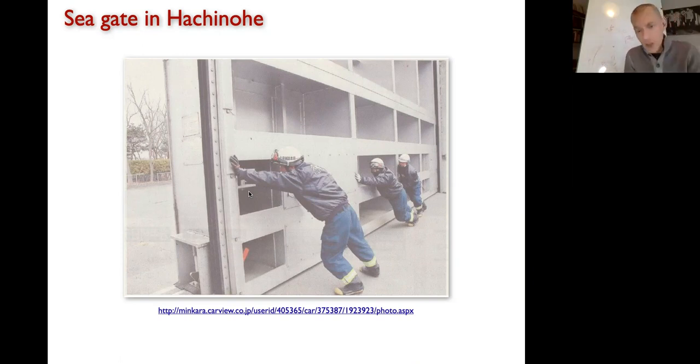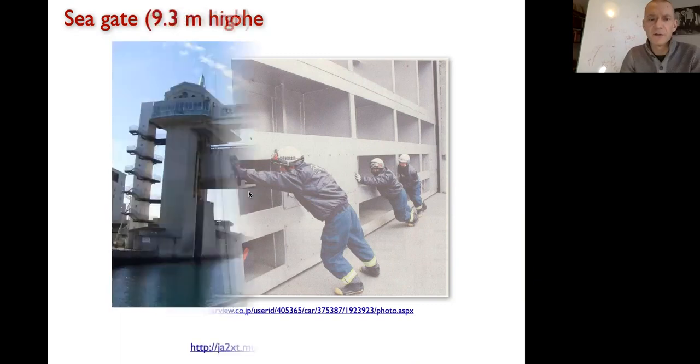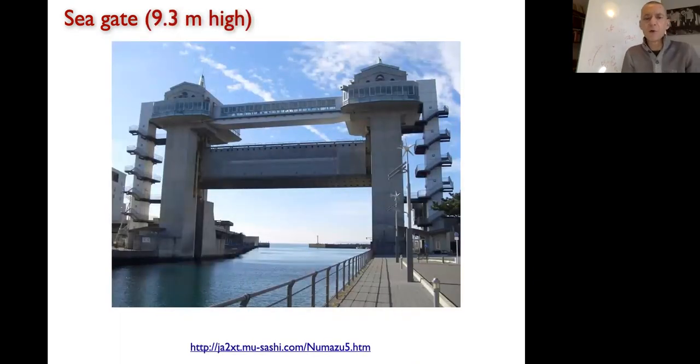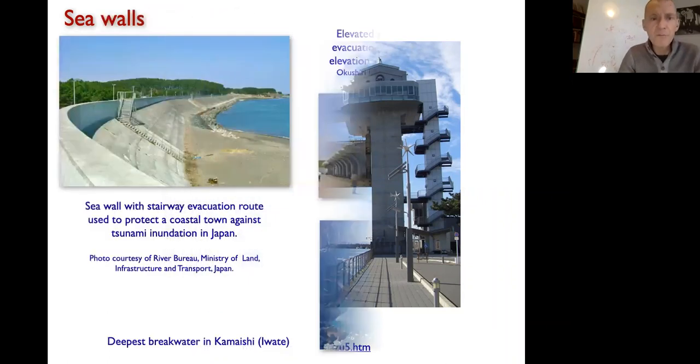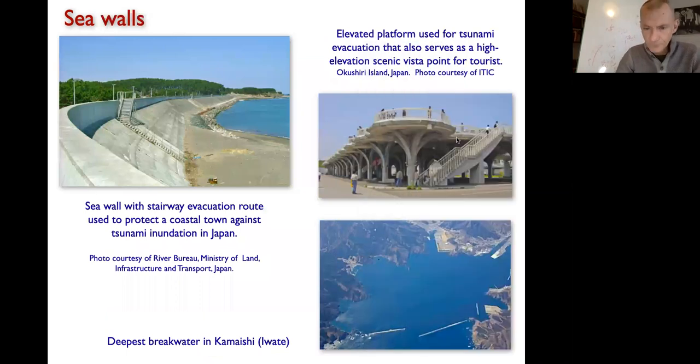Third, many engineering efforts. For example, in Aichinohe, this is an example of a seagate. This is another example of a seagate. It's impressive. In any other part of the world, could we find such kind of things? But look at the heights. Okay, other impressive seawalls. This was Kamaishi, the deepest breakwater.